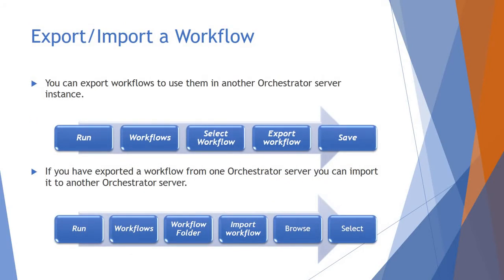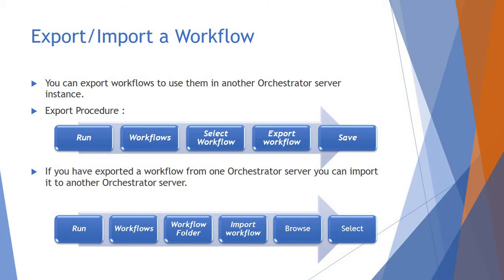Now let's learn how to import or export a workflow. You can export workflows to use them in another Orchestrator server instance. Procedure. From the drop-down menu in the Orchestrator client, select Run. Click the Workflow view.